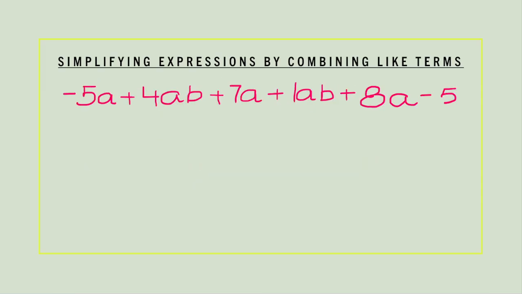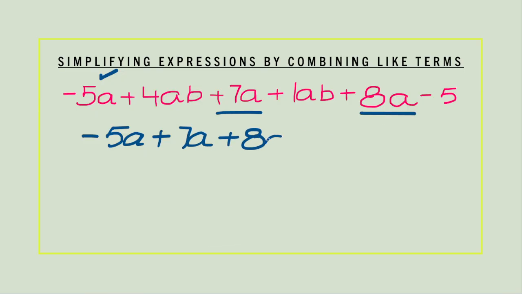Simplifying expressions again by combining like terms. Question number 3. That is minus 5a. I am going to find the term that again has a, that is 7a, plus 7a plus 8a, followed by plus 4ab plus 1ab minus 5.